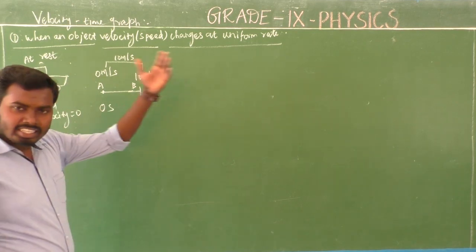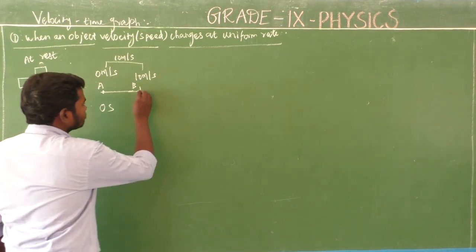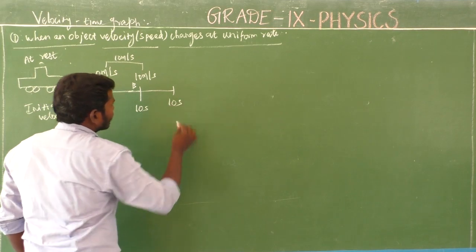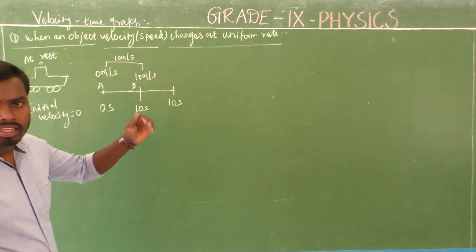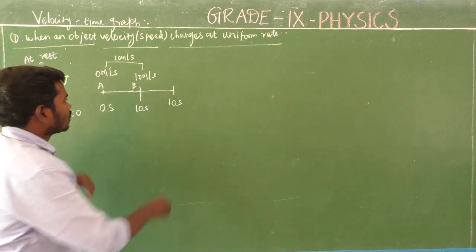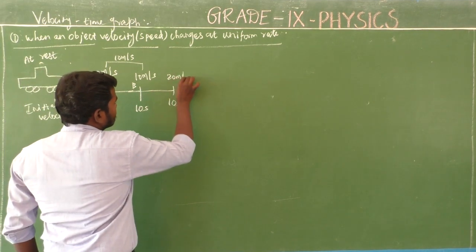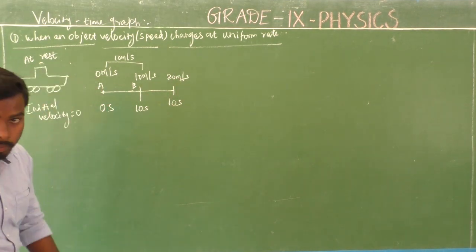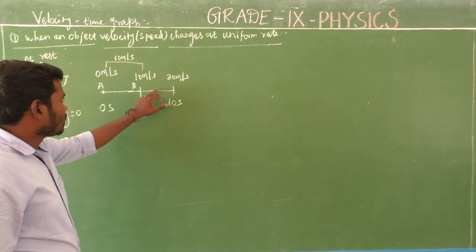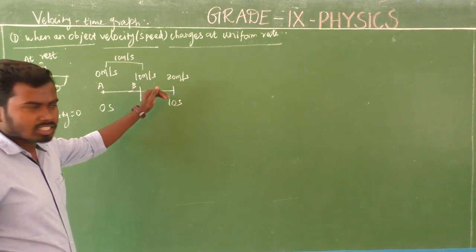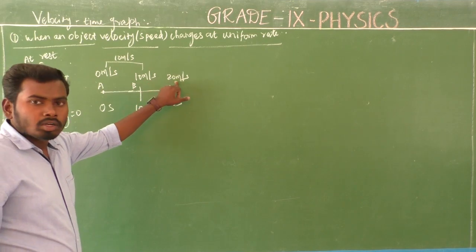Next, in the next 10 seconds, the car attains a velocity of 20 meters per second. So here the velocity of the object changes from 10 meters per second to 20 meters per second.